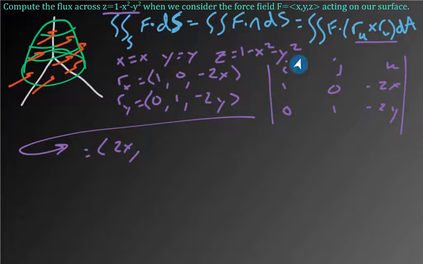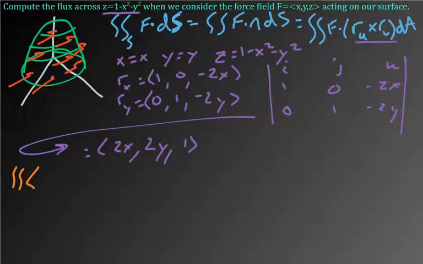Then for the j component, it's minus 2y minus 0, but this one's the negative, so minus a minus 2y, which gives 2y. And last but not least, 1 minus 0, so you get 1. So that's my vector, (2x, 2y, 1), that I'm going to be putting in here.